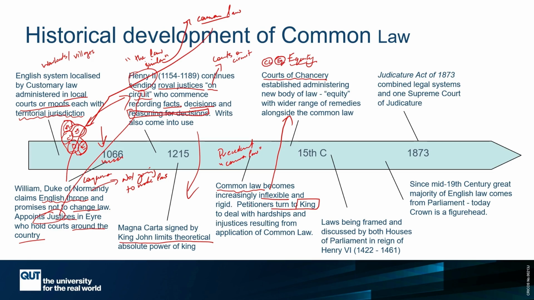And depending upon what your problem was, you would go to these different judges. The judges themselves were bound by the doctrine of precedent to decide things the same way as other judges did, according to some rules that we'll get to. But we're getting this developing common law that now starts to adapt and specialise based upon these courts.